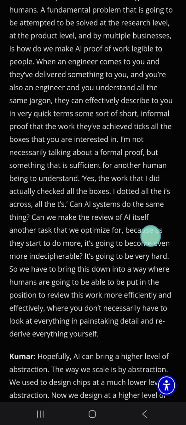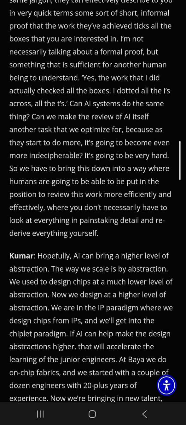Can we make the review of the AI's work itself something that is optimized for? Because as they start to do more, it's going to become even more indecipherable. It's going to be very hard.